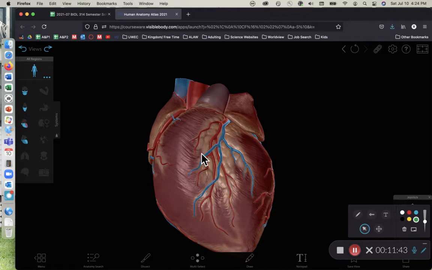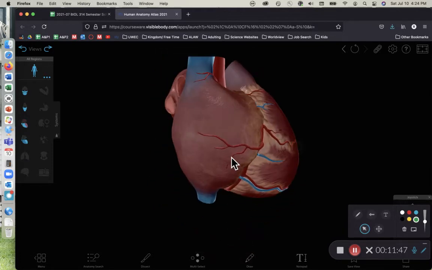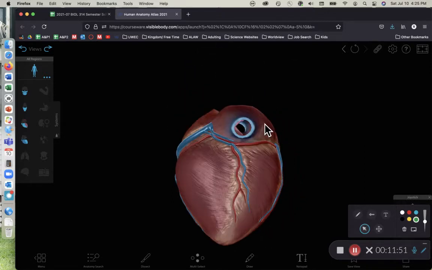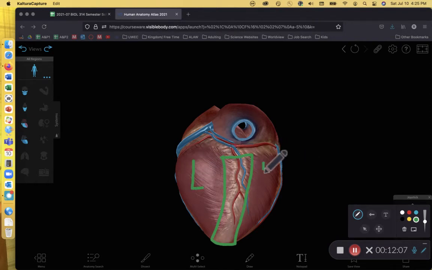And then if I go back here to our heart, I can flip it around and look at the posterior of the heart. Down here we have a large indentation in between the ventricles. This is the posterior interventricular sulcus. And because this is the posterior, we now have left and right ventricles.